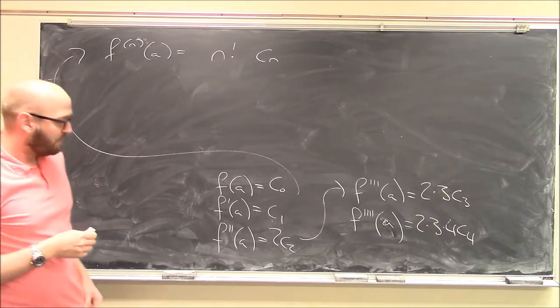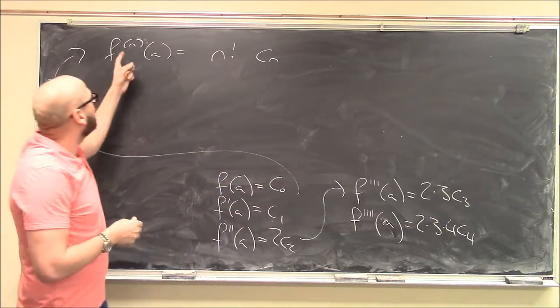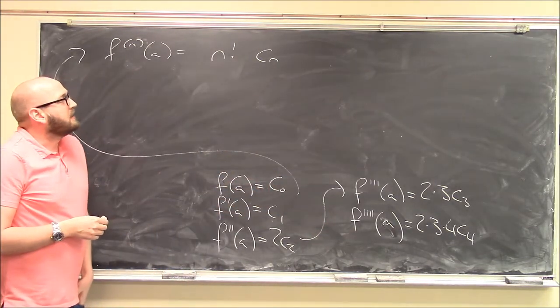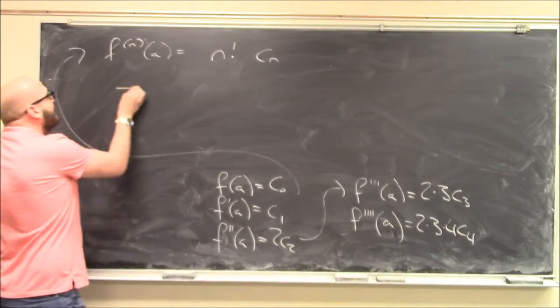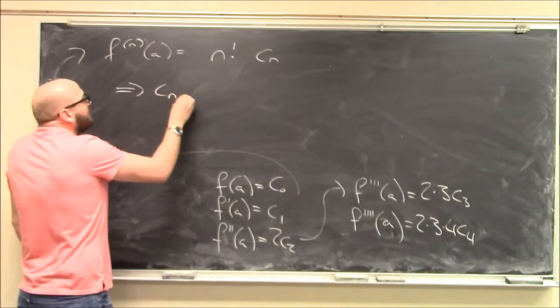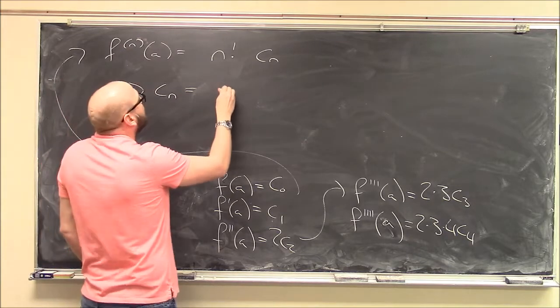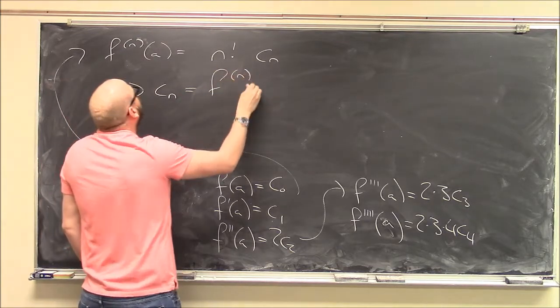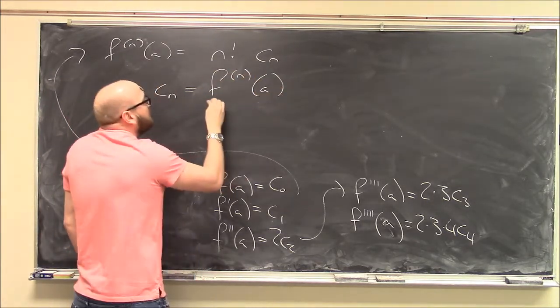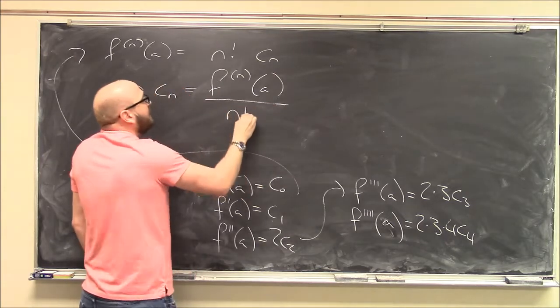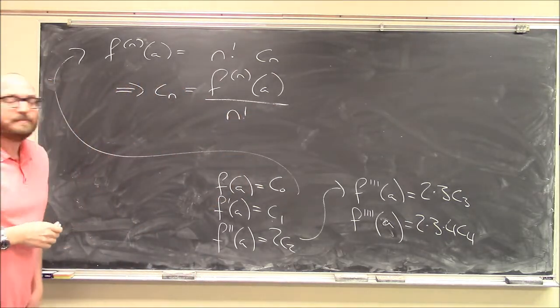The nth derivative at a looks like n factorial times cn. And that means that c sub n is actually equal to the nth derivative of f at a over n factorial.